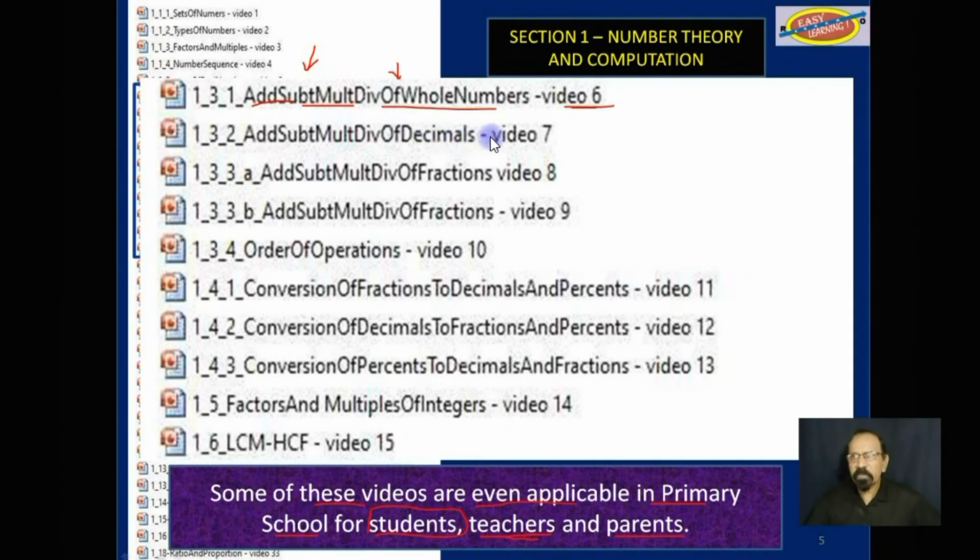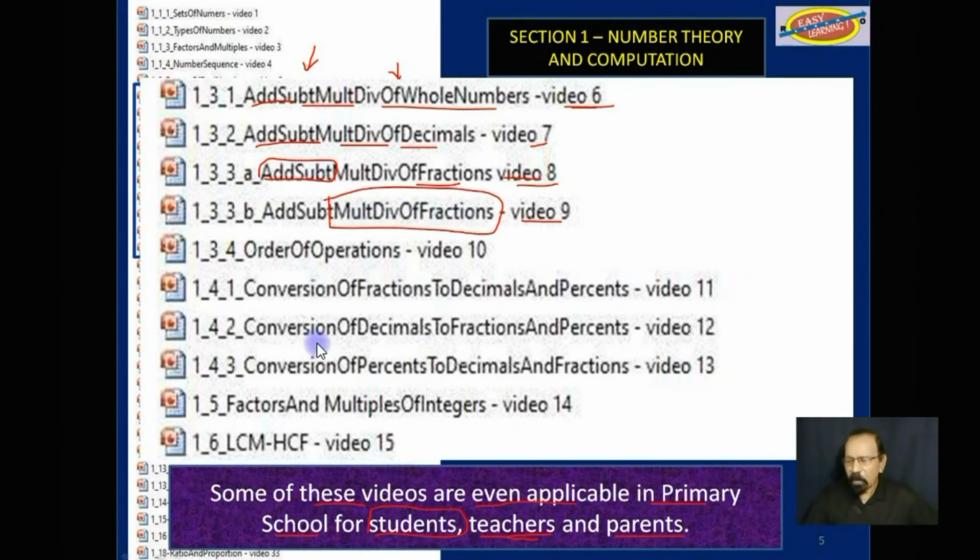And then video 7 says add, subtract, multiply, divide decimals. And then video 8 mentions add and subtract fractions, while video 9 deals with multiply and divide fractions, and so on.